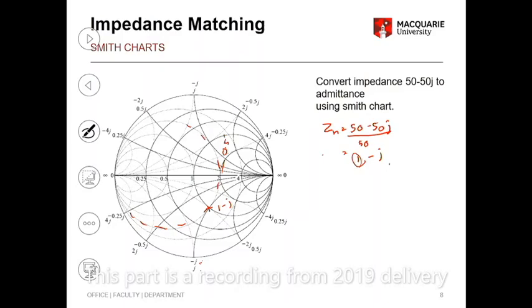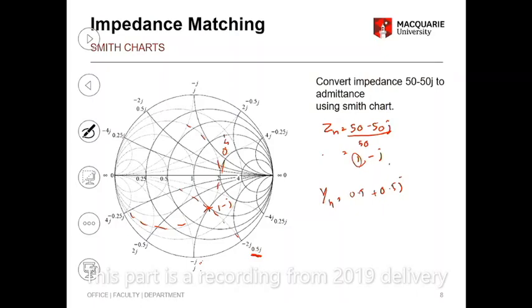And on the susceptance curves, this represents 0.5J. So if I write my Yn, it's 0.5 plus 0.5J, right? Same as, then it's the normalized admittance.